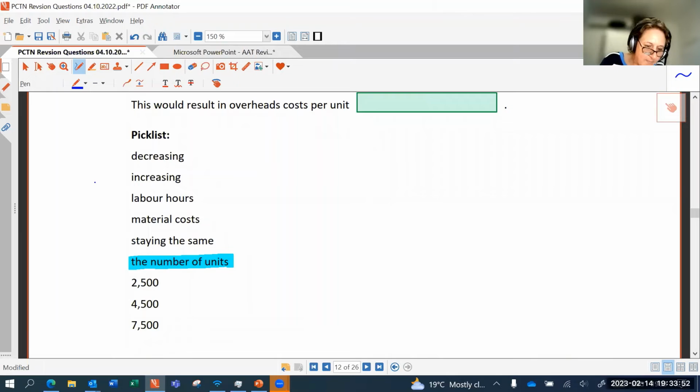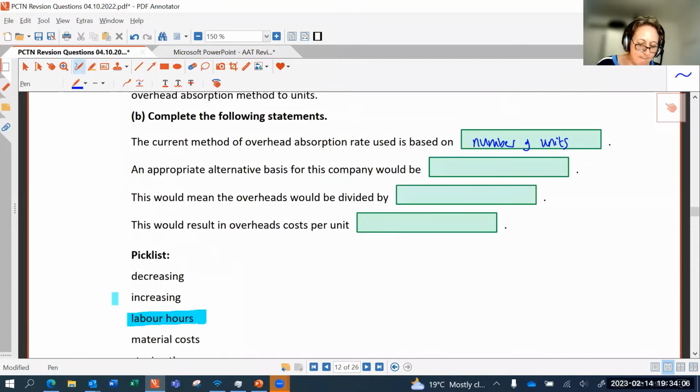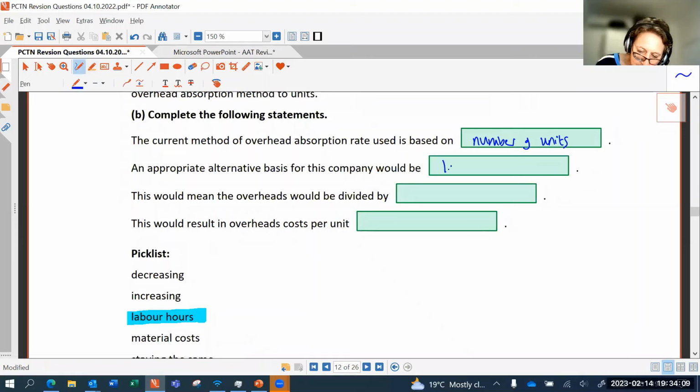And that is one of my choices. I can use labour hours. They didn't even give me machine hours as an option. They did give me material costs, but I'm not going to be using that. That's not one of the methods that we've seen. So we'll choose labour hours. Good.